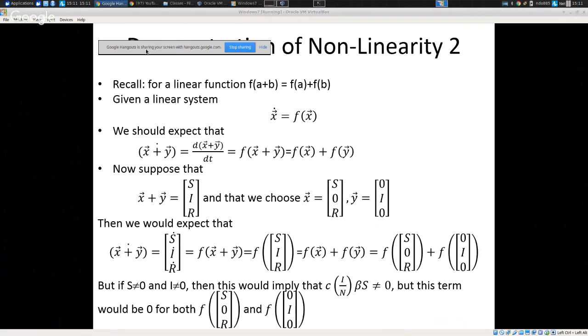So suppose that we're considering a current state of the system, S, I and R. We have 1,000 people susceptible, or say 999 people susceptible, 1 person infected, 0 people recovered. I would argue that if this is linear, we should be able to divide that up into 2 scenarios that will sum together the response. One, where we have 999 susceptible, 0 infectives, and 0 recoveries.